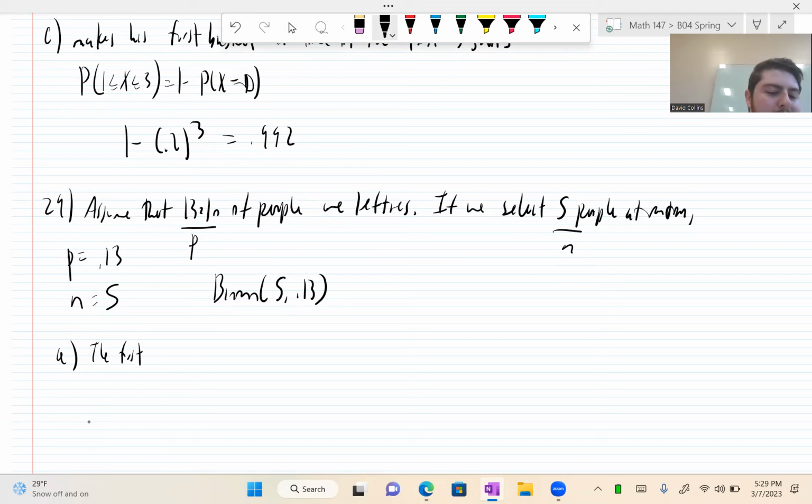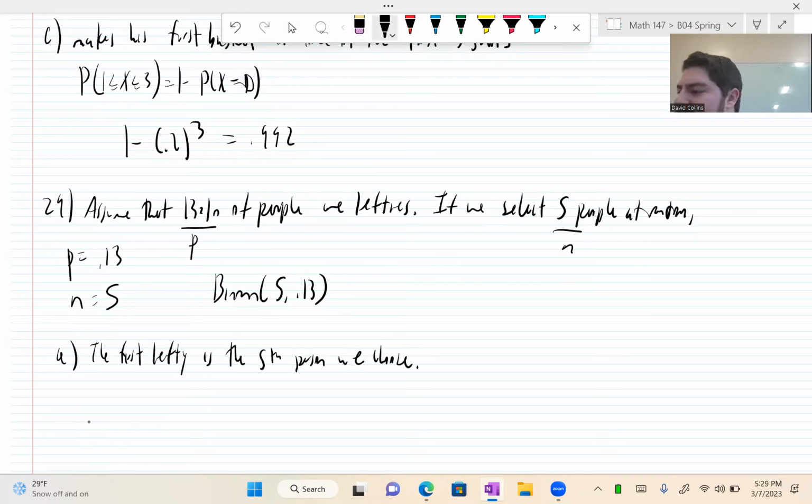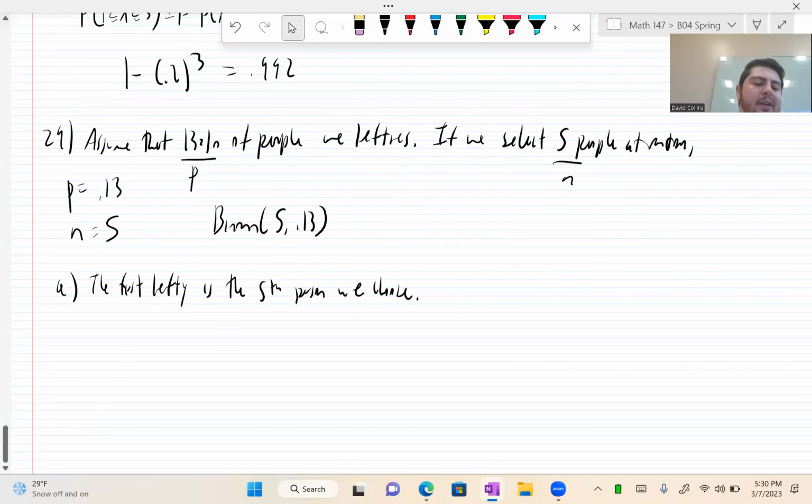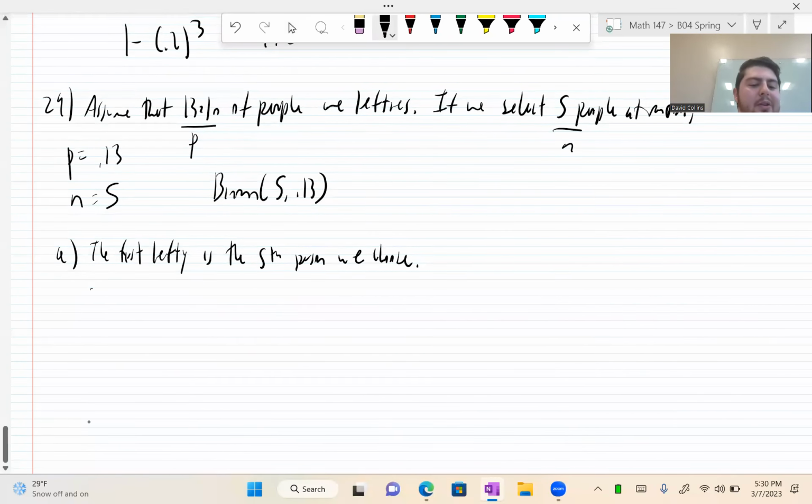Part A, the first lefty is the fifth person we choose. So actually, this is geometric. This part is geometric because the first success is trial 5.